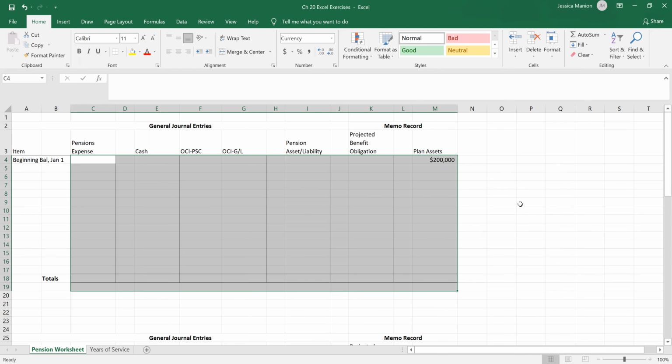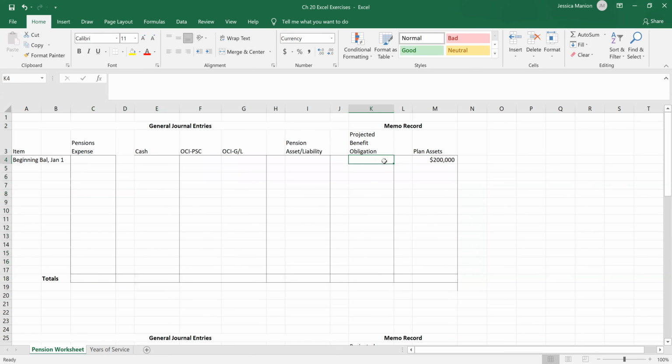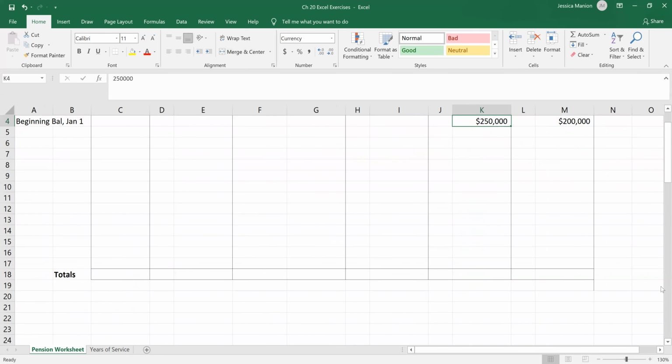So, okay. We've got plan assets of 200,000 and a projected benefit obligation of 250,000, right? As we've already practiced, I'm going to try to blow this up a little bit more so we can see it better.